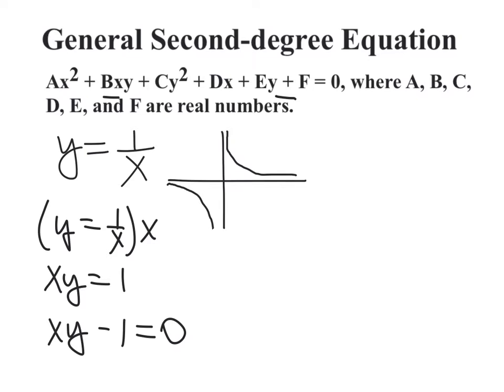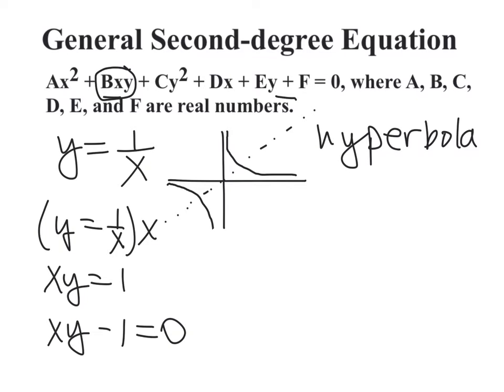Anytime we have the xy term, we're going to get a rotation on our conic section. Now, this conic section actually is a hyperbola that has been rotated 45 degrees.